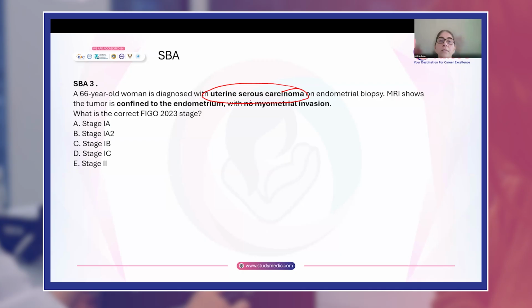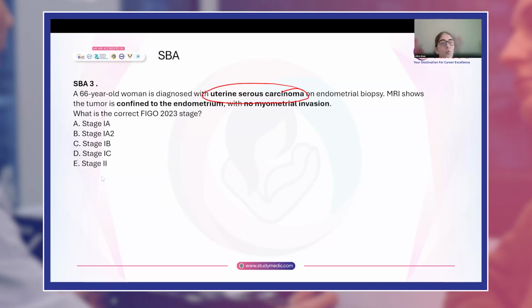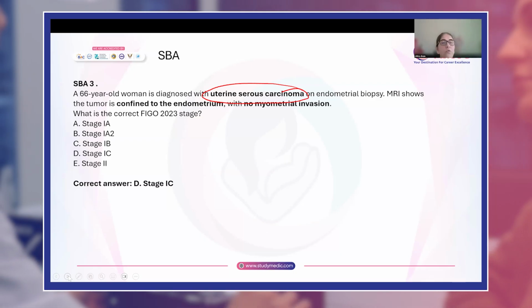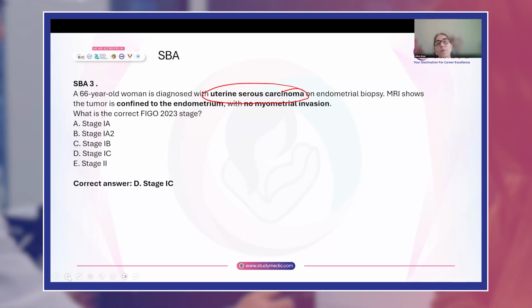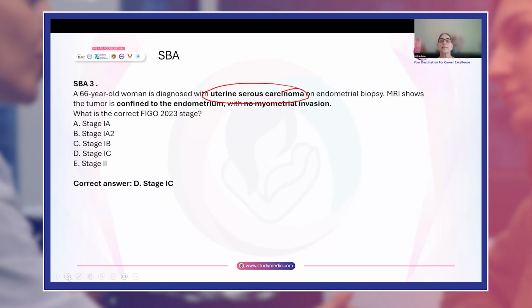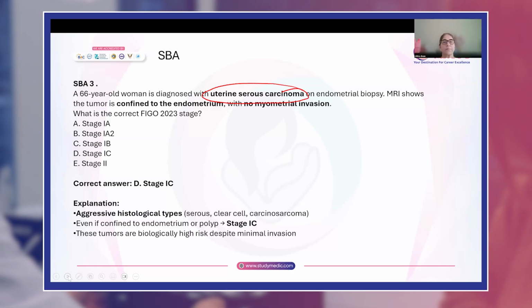Now remember, serous carcinoma is something which is aggressive. So remember, whenever the histology is aggressive, you will upstage it. So that is why here it is stage 1C. Even though it is limited to the uterus, limited only to the endometrium, because the histology is aggressive, it automatically becomes stage 1C. Okay.